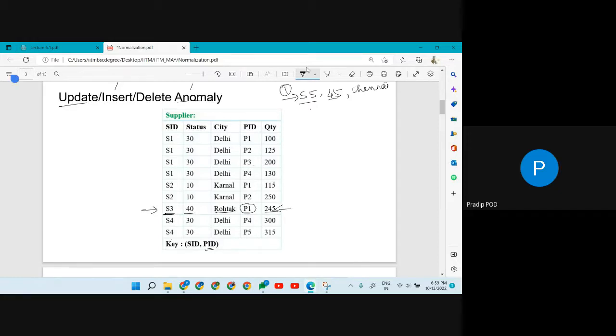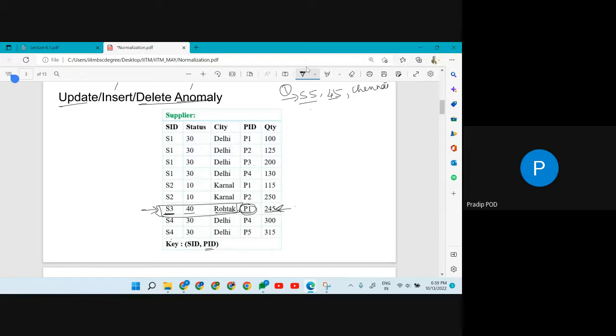The whole tuple gets deleted. This product ID means I want to delete this tuple. So here you can see you lost the information of this supplier ID also because of this. If you want to delete this PID, this tuple. Got it? That is the deletion anomaly.